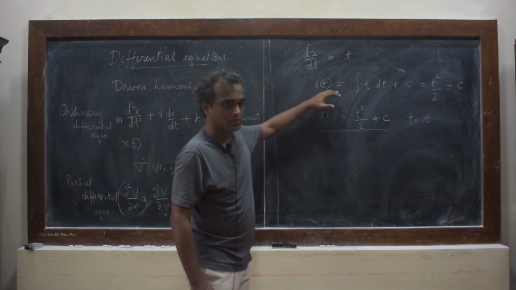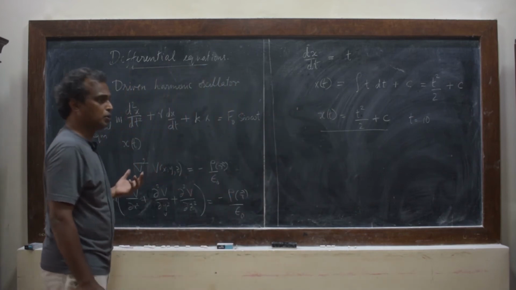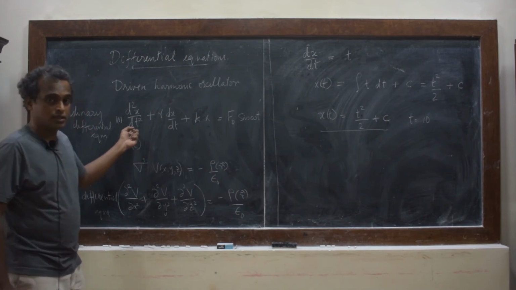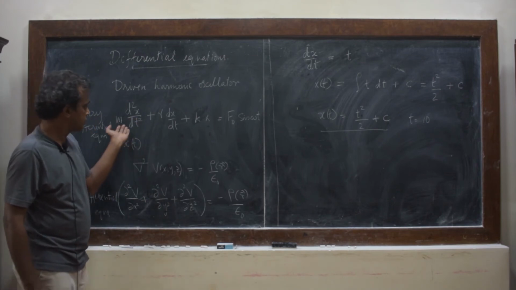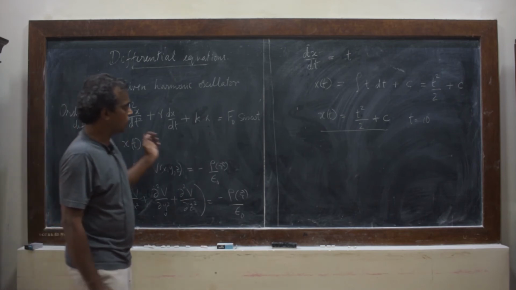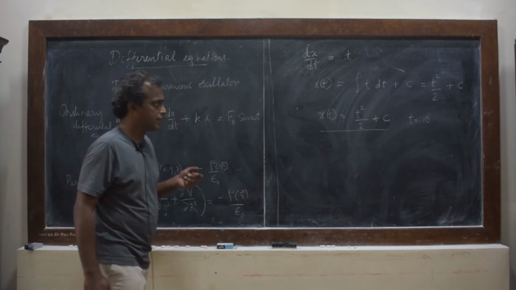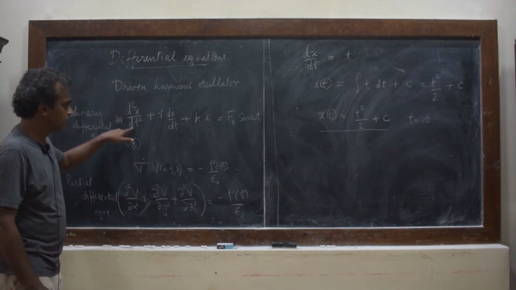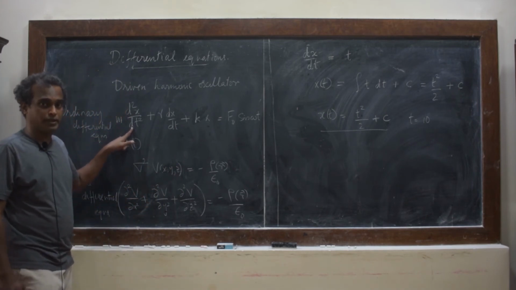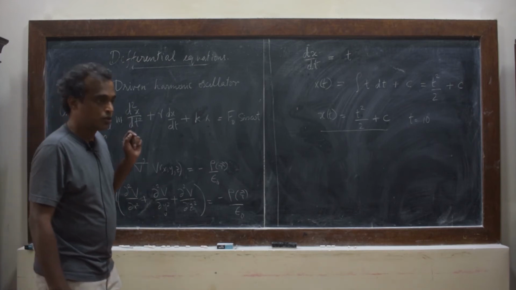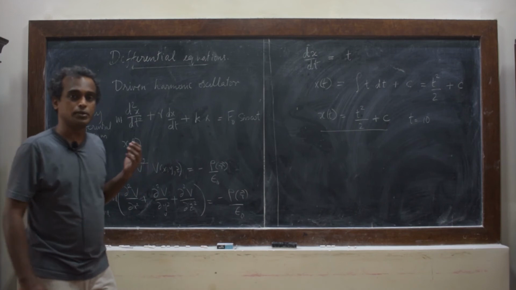So, from this we should be able to understand that if I were looking at a differential equation which involved a second order derivative of x, like the one I have written here, I could try to solve that equation as well by doing integrations, and since here I have two derivatives on the unknown function, to get rid of those two derivatives I will have to integrate twice.